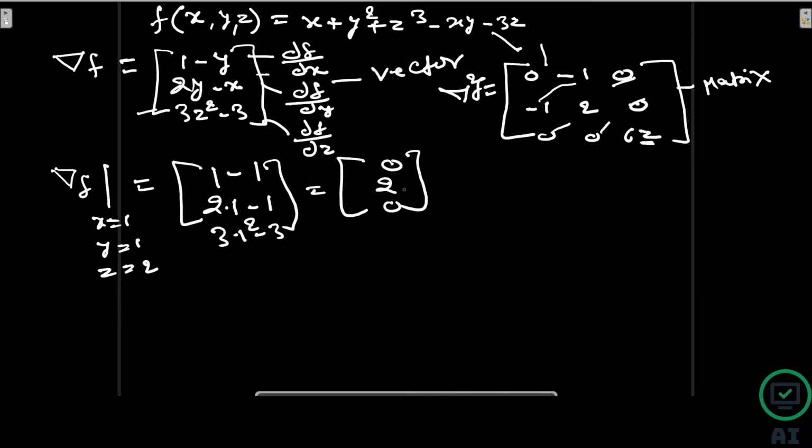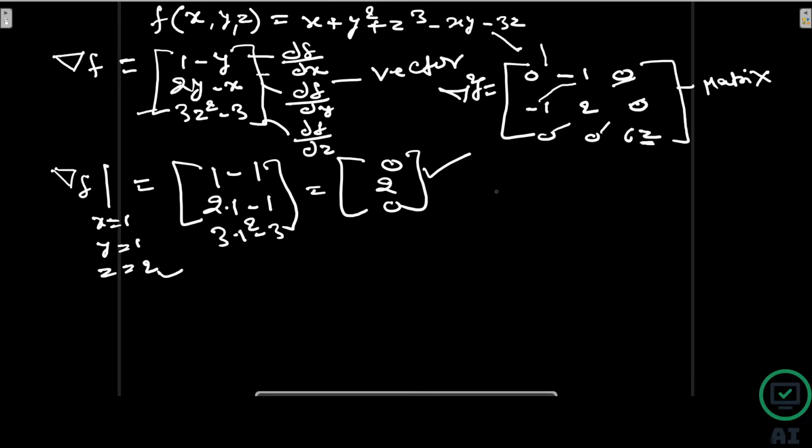So for every possible tuple in R cube, in a domain, we can find the first derivative of a function like this. Similarly, for every possible tuple, we can find the second derivative at that point also.